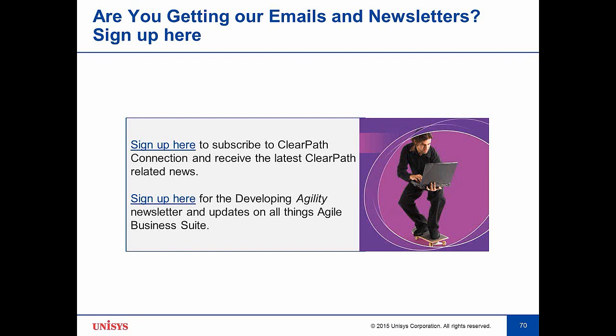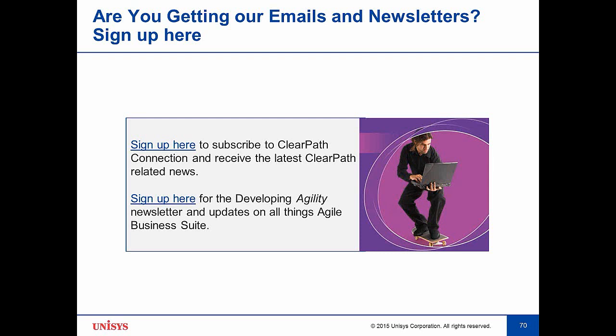You may want to try this sign up anyway. And if you wonder how you find it, from unisys.com, from the main ClearPath page, on the right-hand side, kind of in the upper part, it says sign up for news and newsletters. So that's how you find it.